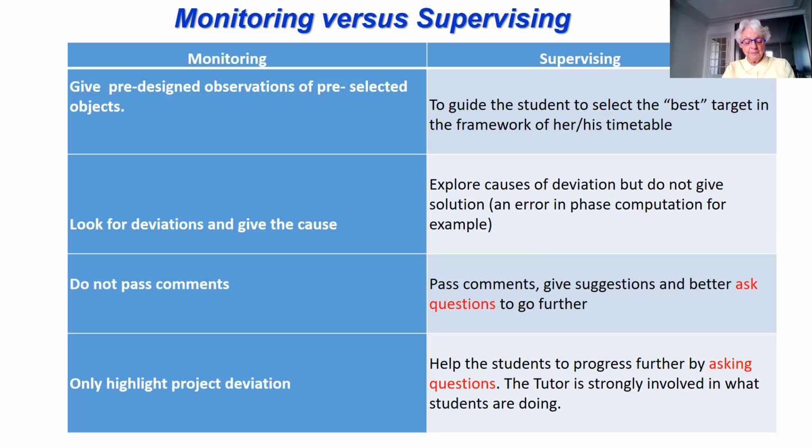Let's compare briefly the characteristics of monitoring and supervising through a few examples. In monitoring, pre-designed observations of pre-selected objects are given. In supervising, the tutor will guide the student to select the best target in the framework of his timetable by asking questions or making comments, but not giving a solution.